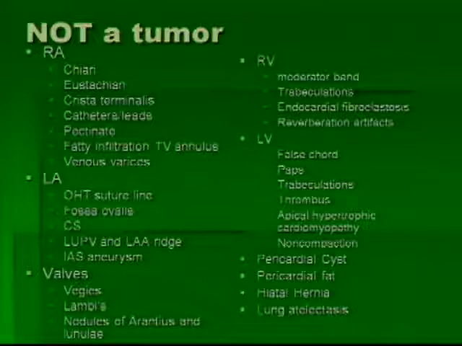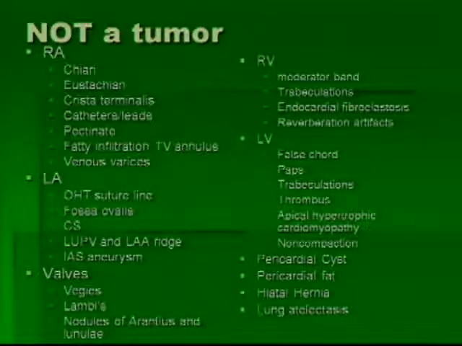On the valves, we already discussed this, but vegetations, Lambl's excrescences, and then of course just the normal nodules of Arantius. In the right ventricle, the moderator band can sometimes be mistaken for a mass, especially if it's not well seen, and the right ventricle does tend to be heavily trabeculated. Endocardial fibroelastosis can also be very mass-like and fill the right ventricular apex.